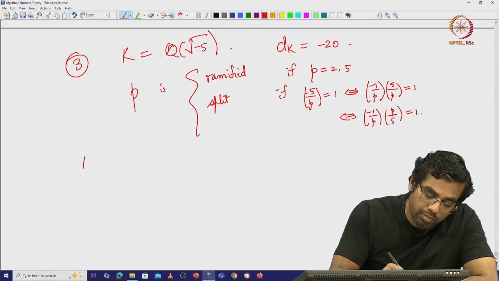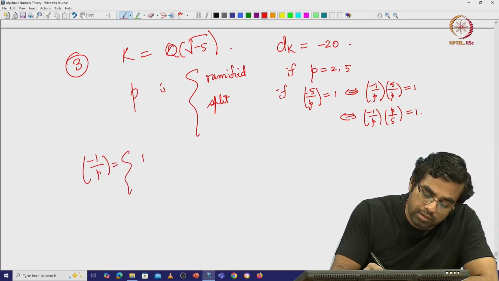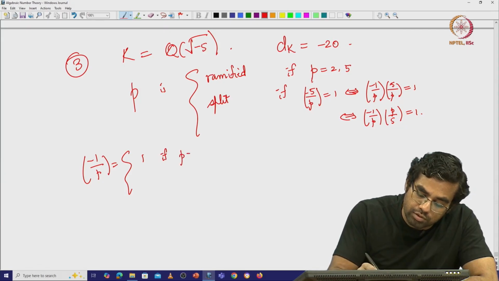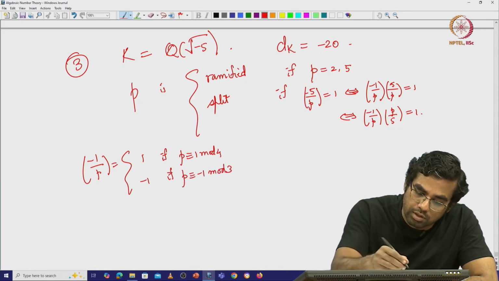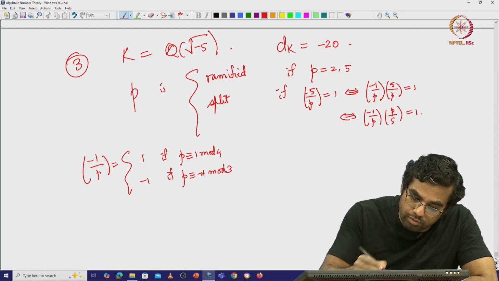So (-1/P) is 1 if P is congruent to 1 mod 4, and -1 if P is congruent to -1 mod 4, or let me write it as 3 mod 4.